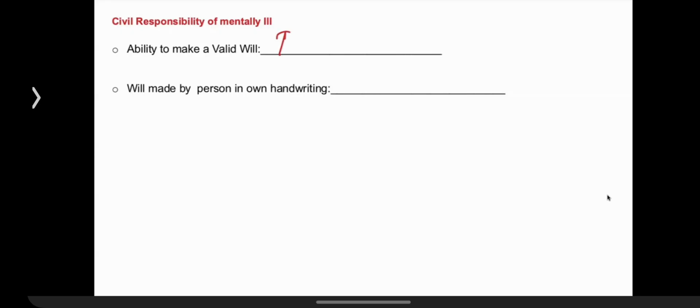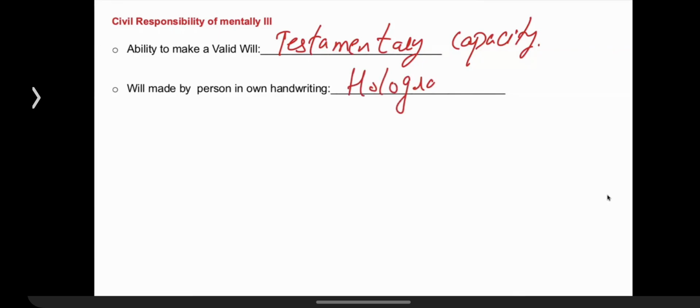Ability to make a valid will is called testamentary capacity. A will made by a person in his own handwriting is called holographic will.